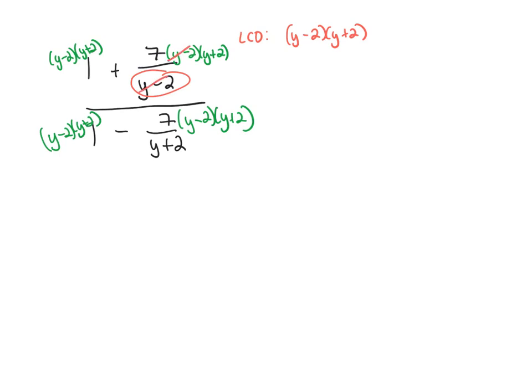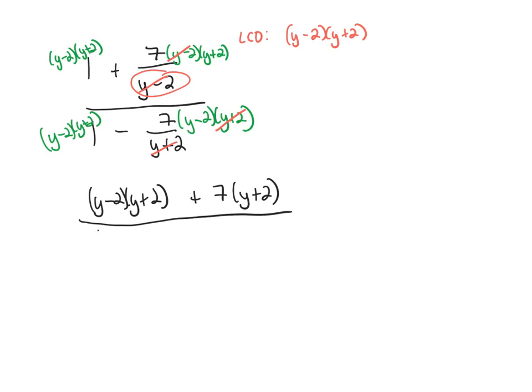This y minus 2 will cancel, and this y plus 2 will cancel. So what I end up with, in the first one, I have (y minus 2)(y plus 2) plus 7 times (y plus 2). I'm just writing what's left over. And then I'm going to have (y minus 2)(y plus 2), and then I'm going to have minus 7 times (y minus 2).